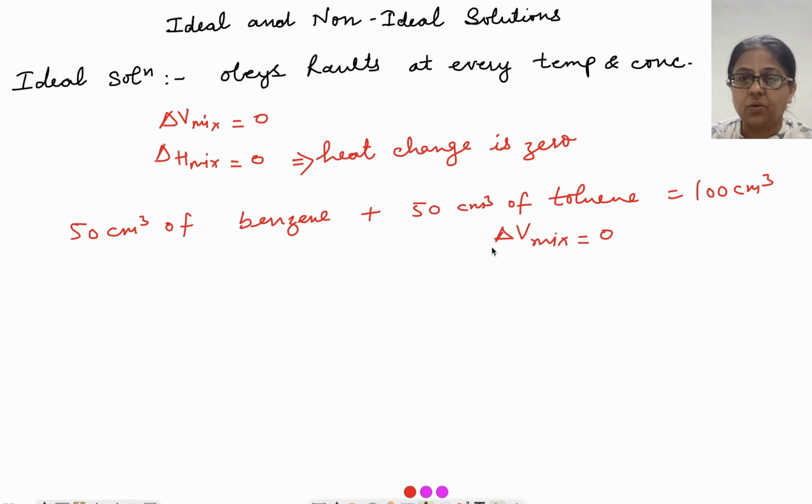In case of a non-ideal solution, either they will show the positive deviation from Raoult's law or the negative deviation from Raoult's law. Positive deviation from Raoult's law: what does this mean? How do solutions show positive deviation?